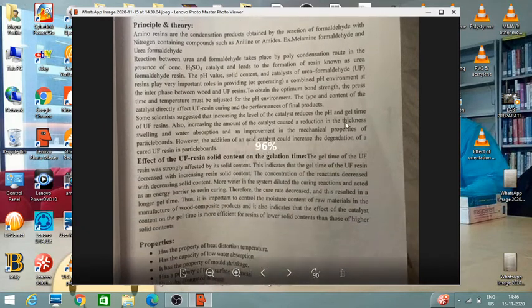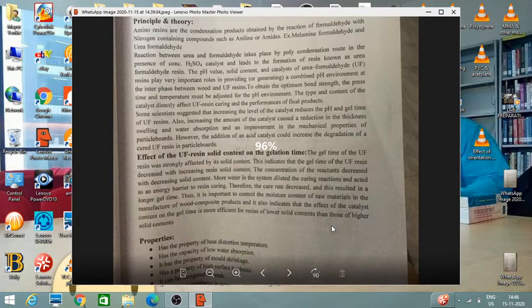Okay. Now there is a new term, gel time or gelation time. So to understand the meaning of this, I'd like to tell you that it is the amount of time taken by a plastic in the liquid form to convert into gel.